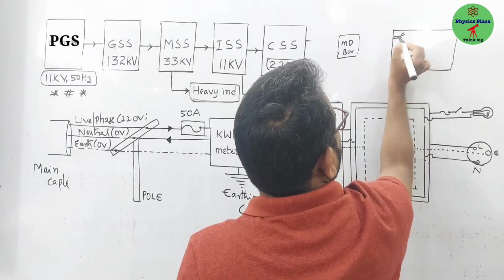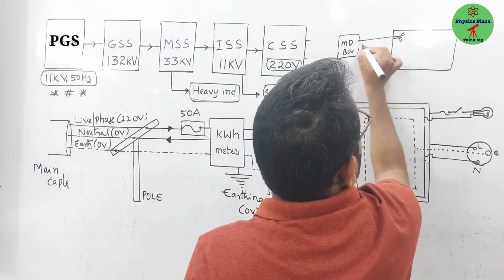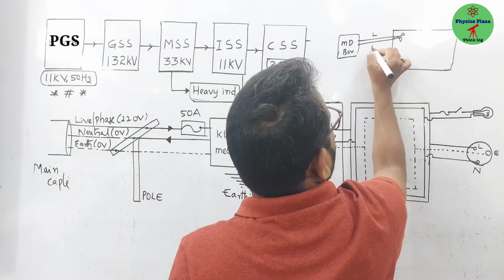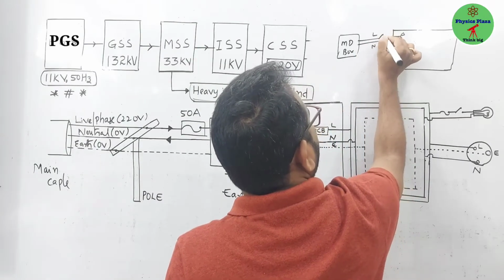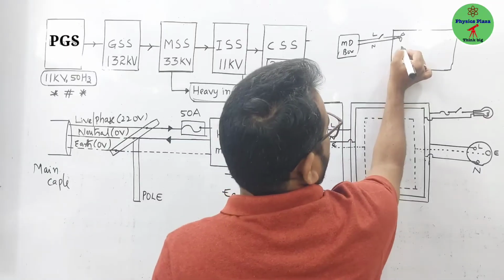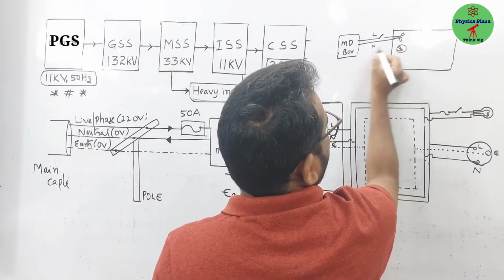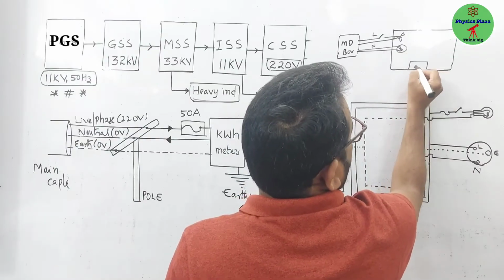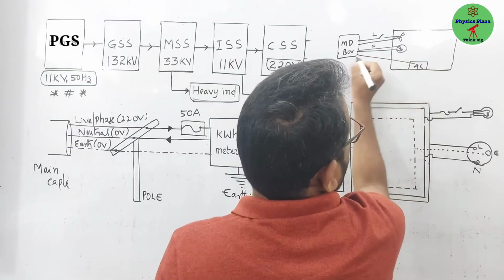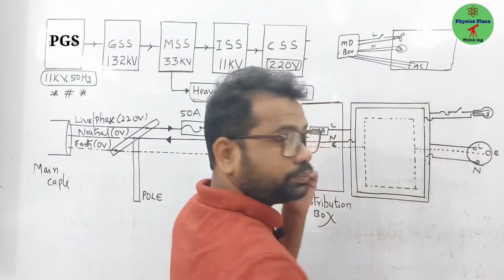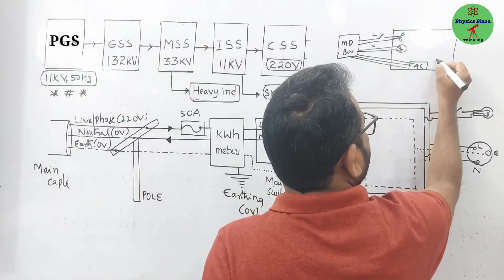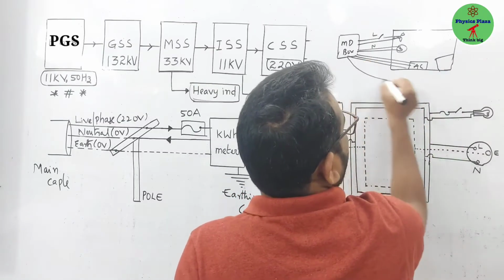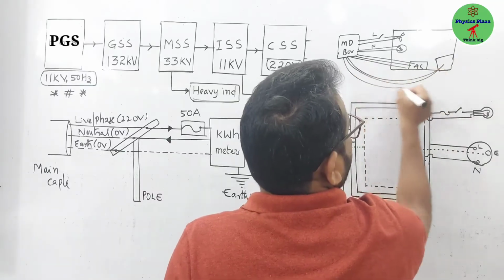Then from the main distribution box, you should take two wires to here, live wire and neutral wire, with a switch. Now if you want to arrange one bulb, again you should take one. In the house, if you want to put one AC, then live, neutral, earth should come from here.